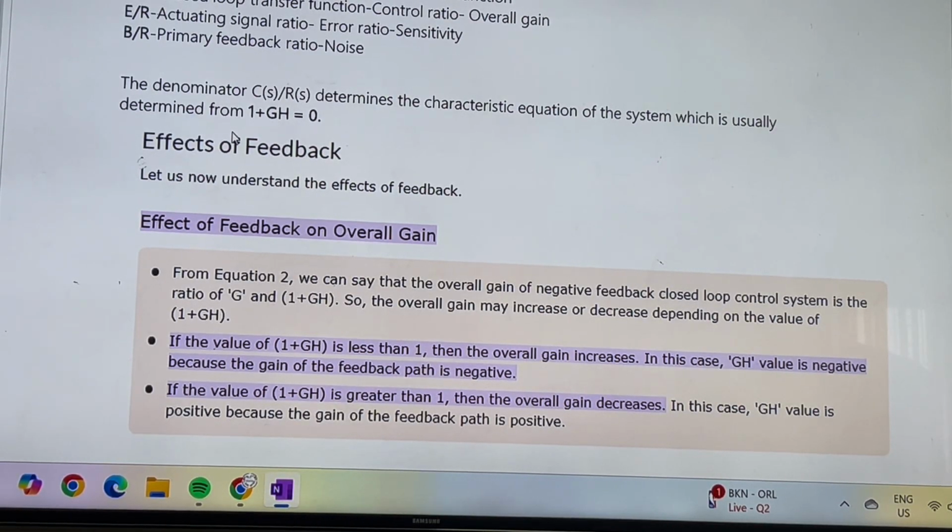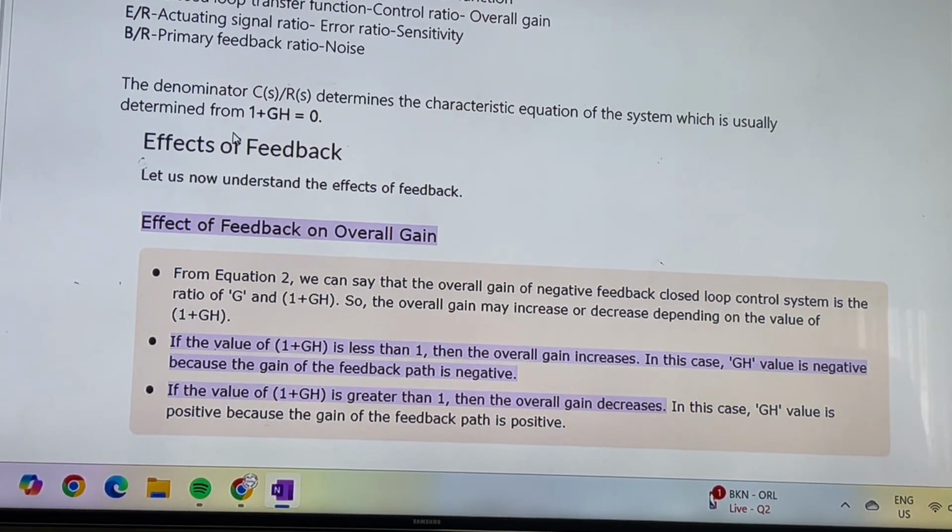Now, if the value of our denominator 1 plus GH is less than 1, kung gamay atong denominator, of course, dako ang atong overall gain. Di ba? In a fraction, if gamay ang atong denominator, dako atong value. Now, in a fraction, if dako atong denominator, mo gamay ang ato ang overall value or overall gain. The same applies here.